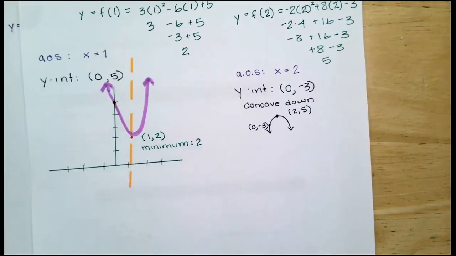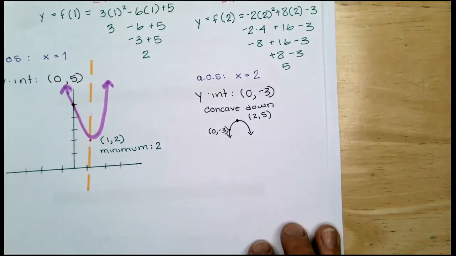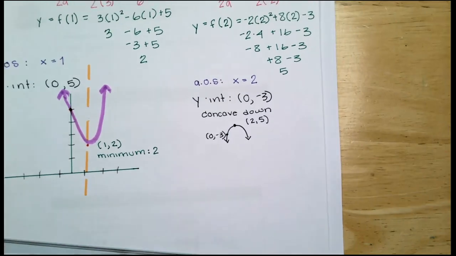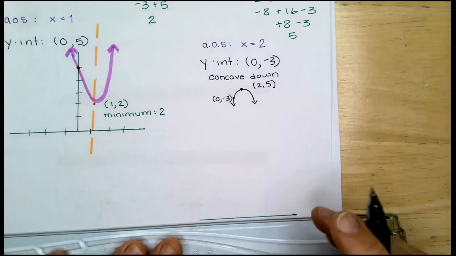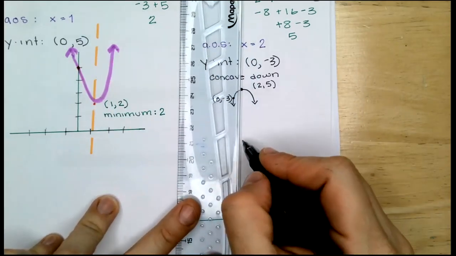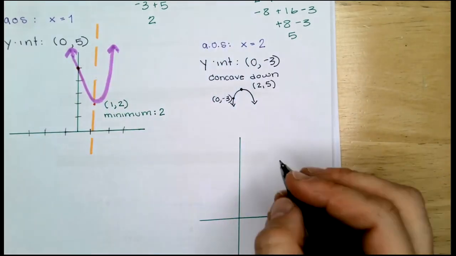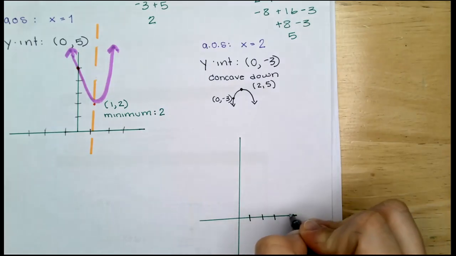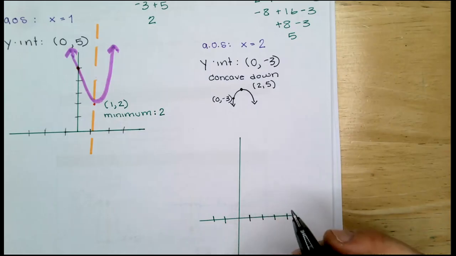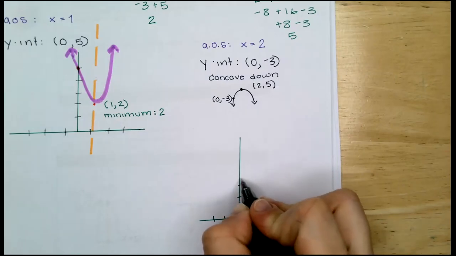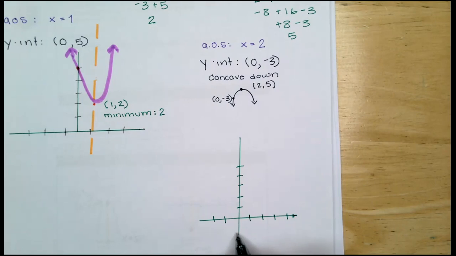So again, it's going to be concave down and its highest point is 2, 5. So I should probably make the whole thing. Good.